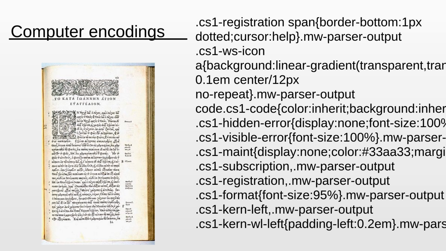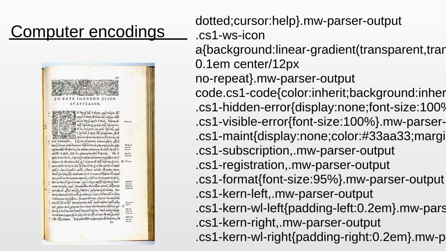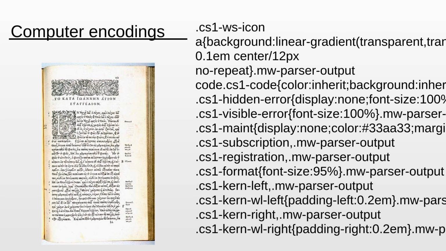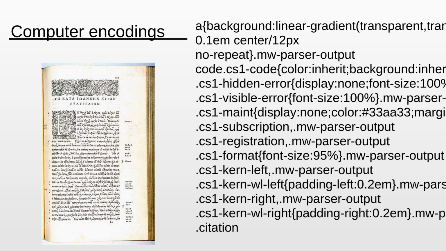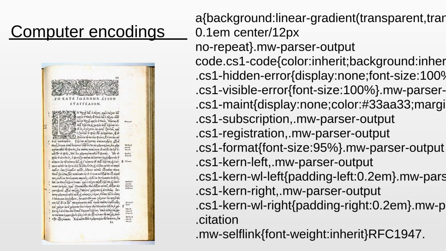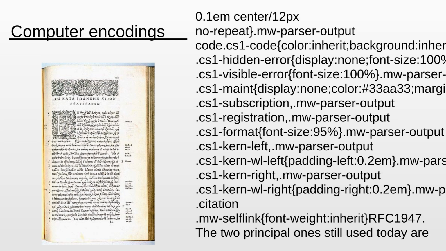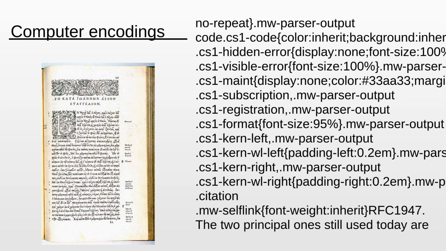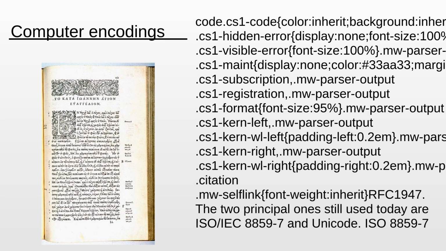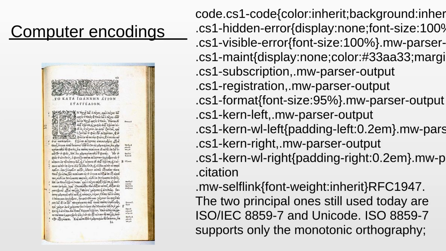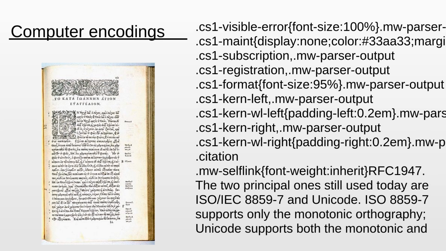CS1 registration, color, number 555, MW parser output, CS1 subscription span, MW parser output, CS1 registration span, border bottom, 1px dotted, cursor, help, MW parser output, CS1 WS icon. A background, linear gradient, transparent, URL. upload.wikimedia.org/wikipedia/commons/4/4c/wikisource-logo.svg.